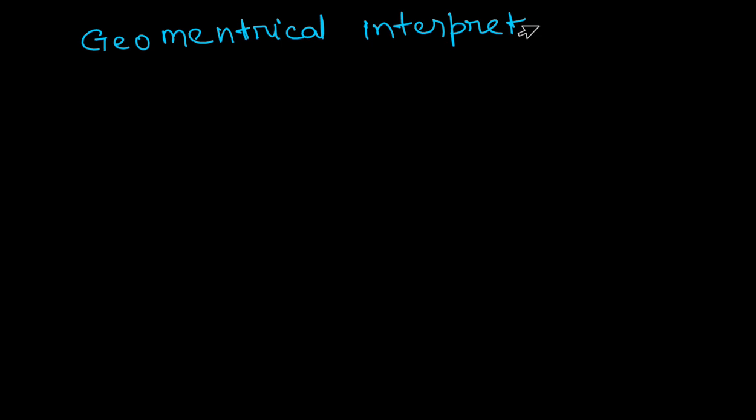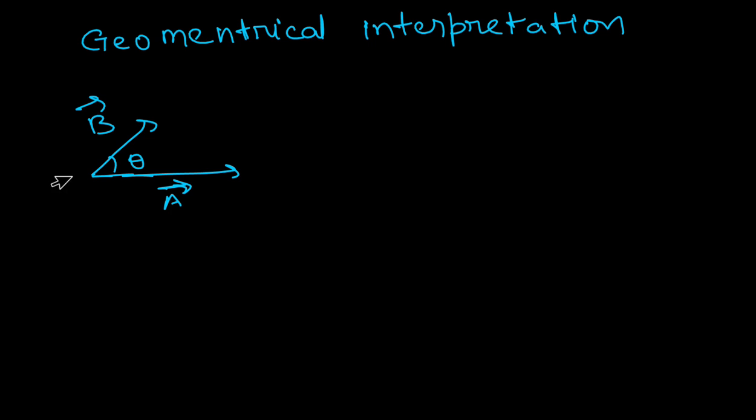Now let's discuss the geometrical interpretation of dot product of two vectors. So let's say this is vector a and this is vector b, and this is angle theta between them.